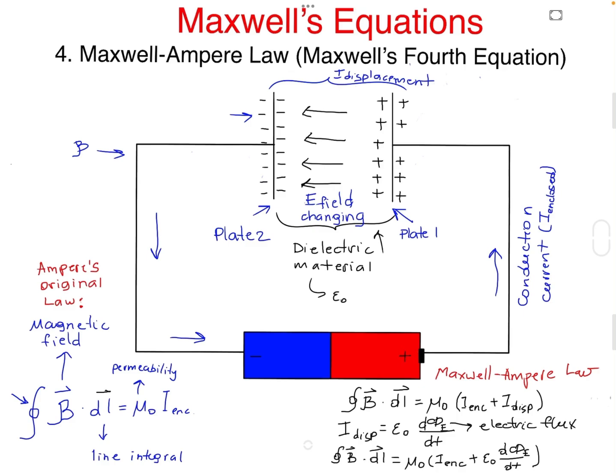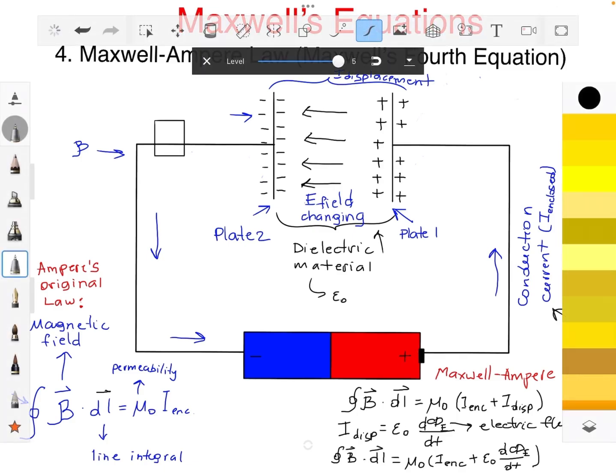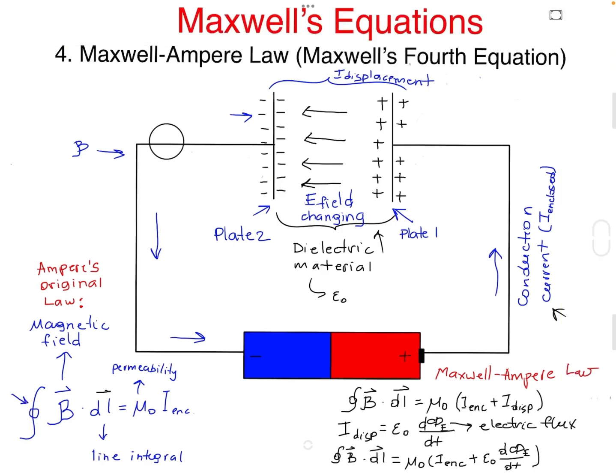So overall, Maxwell's law ensures that magnetic fields are produced not only by conduction current but also by a changing electric field. So we do have a conduction current, and this conduction current also produces the magnetic field. That's what we call the Amperian loop.